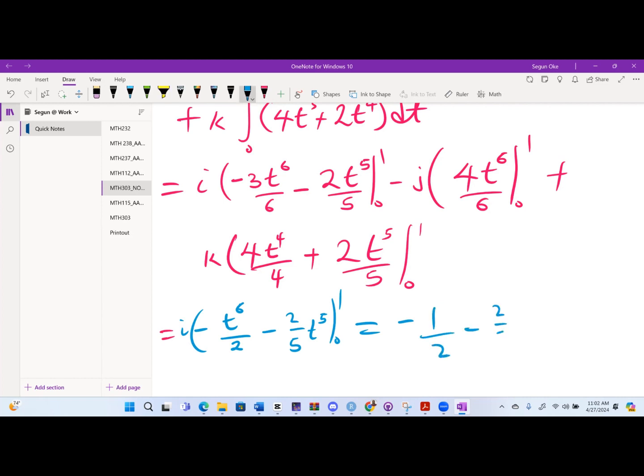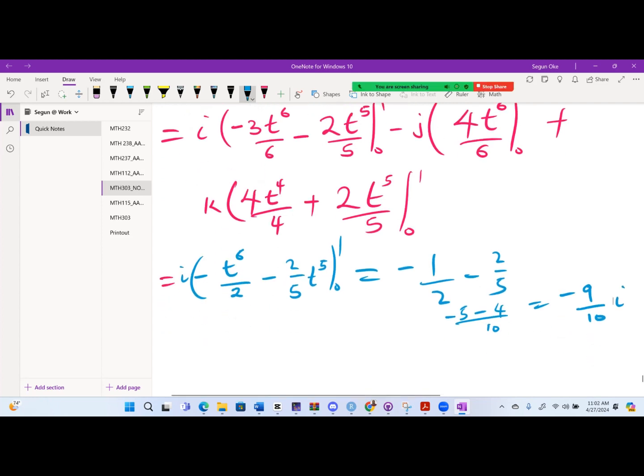Minus 2 over 5. So LCM here is 10, right? Don't forget the minus here. We have it to be minus 9 over 10. That is our I. We are adding everything together later.